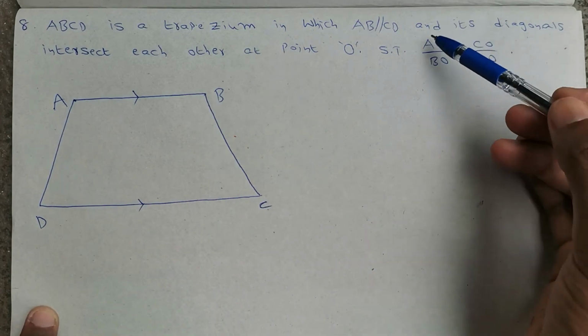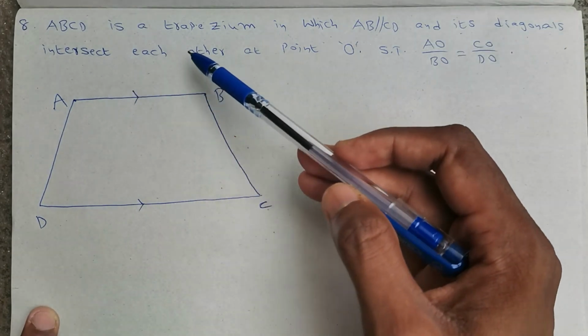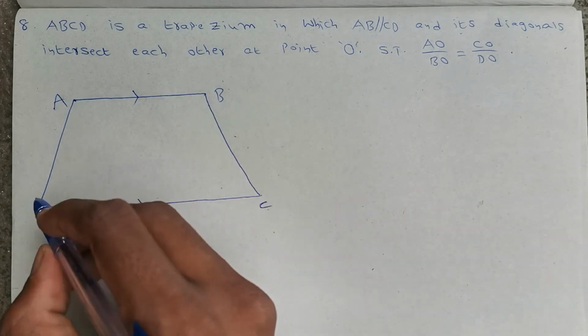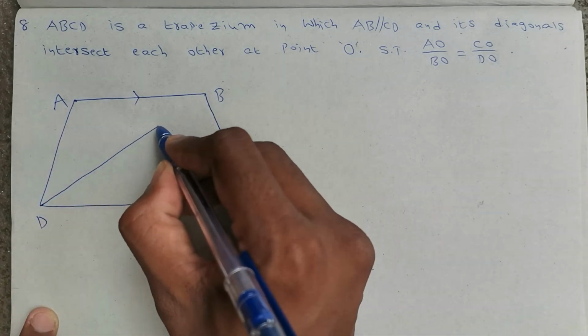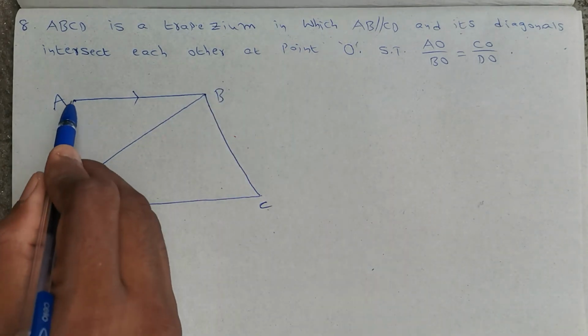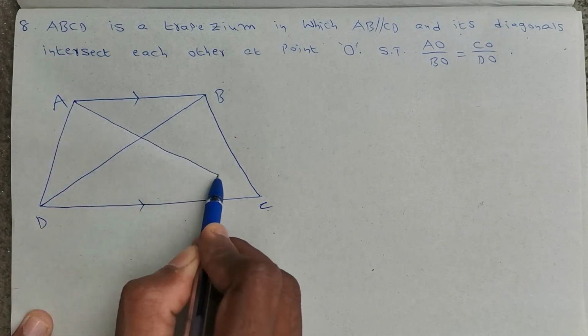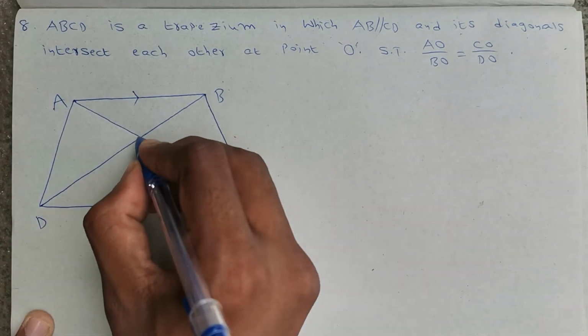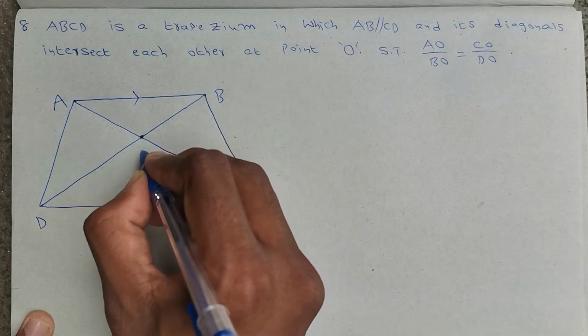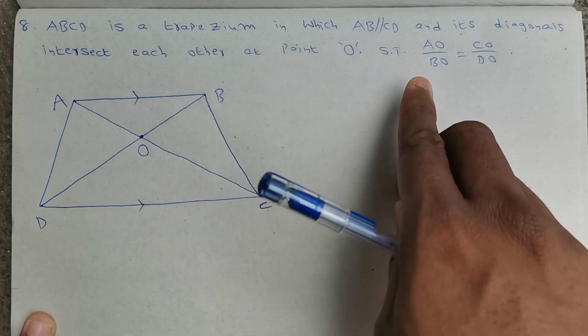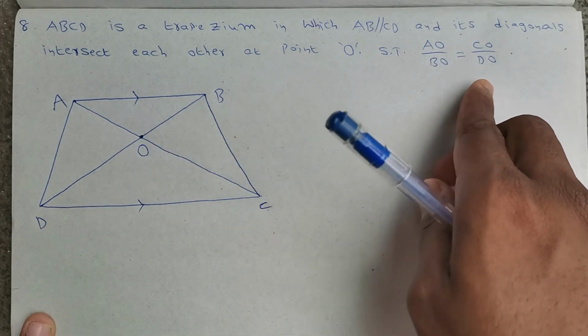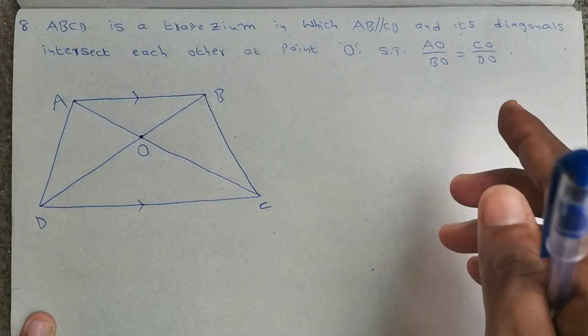Next, its diagonals intersect each other at point O. BD is one diagonal and AC is one diagonal. These two diagonals are intersecting at some point O. Then he is asking to show that AO by BO is equal to CO by DO.